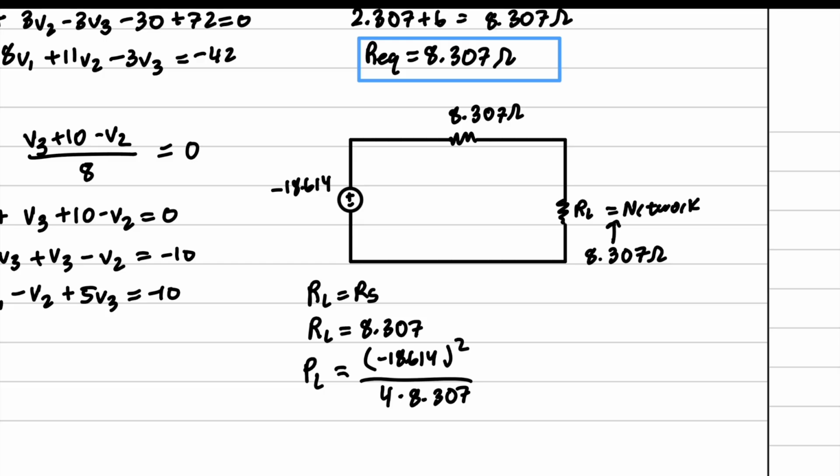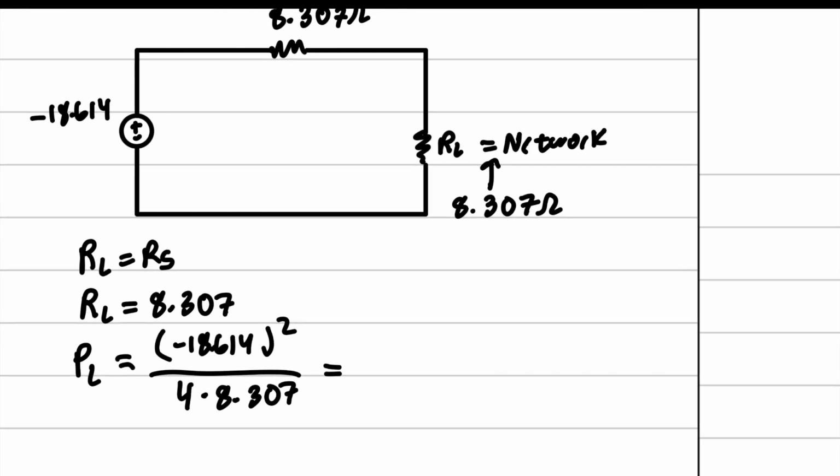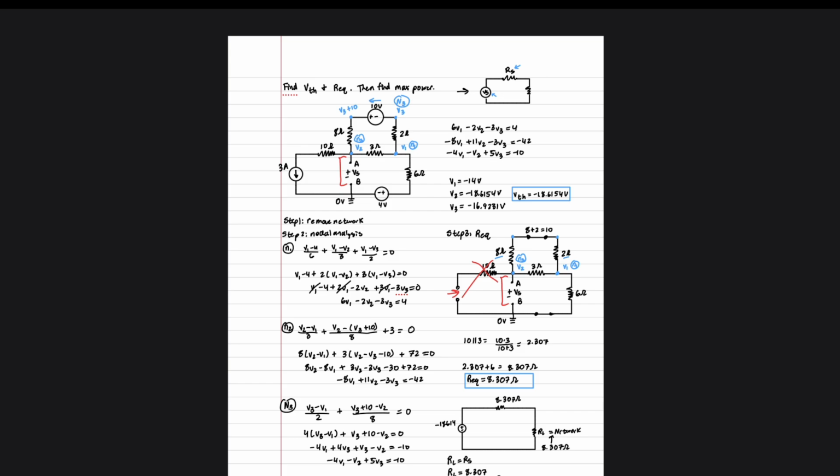And the max power is, let me grab my calculator, 10.4289 watts. And that's the answer. And this is how you find the max power of a circuit that has a network attached to it.